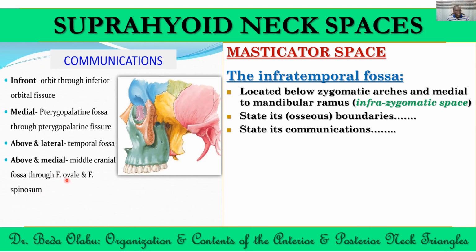And in foramen ovale, we have passage of the mandibular nerve, accessory meningeal artery, lesser petrosal nerve, as well as the emissary vein connecting the pterygoid venous plexus to the cavernous sinus. So those are the communications of the infratemporal fossa with the surrounding spaces.